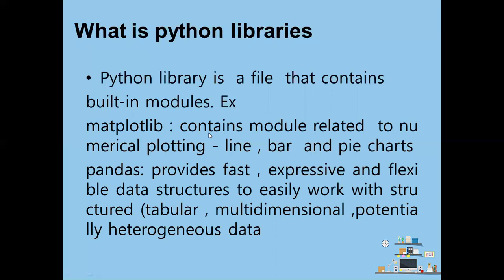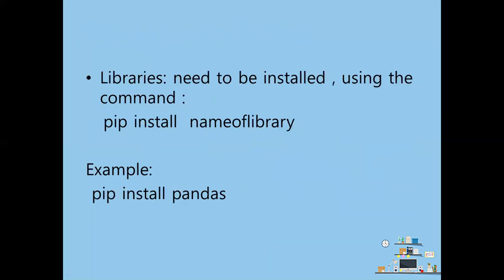So there is a huge collection of Python libraries. We are just concentrating on how to install the libraries and how to use the modules inside these libraries. Library means the collection of modules. So whenever you want to work with a module, we need to install its library first.